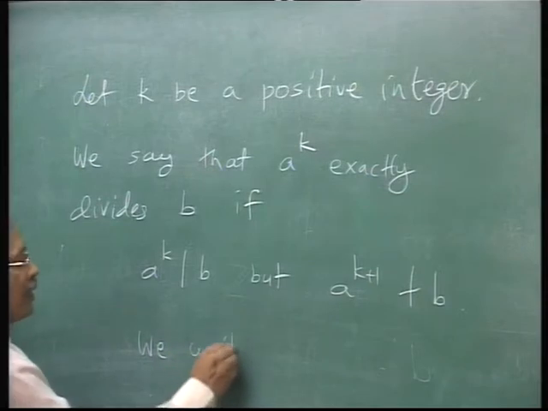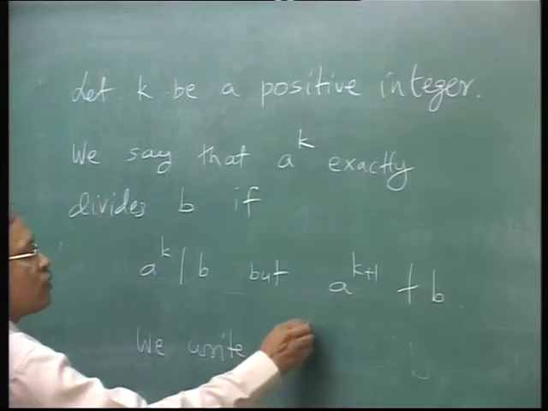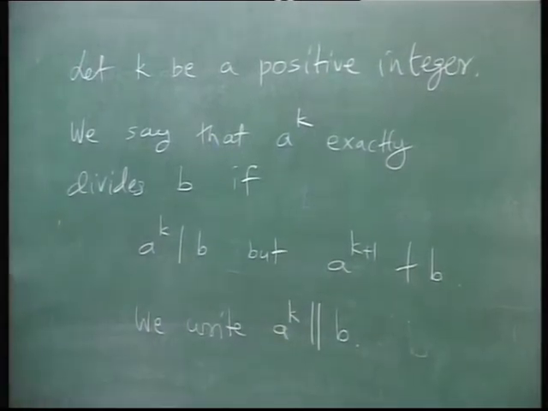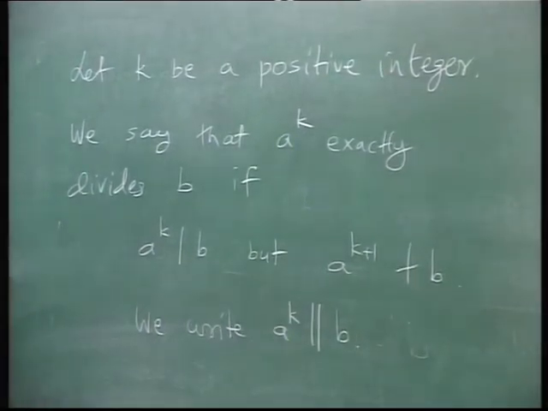We write in this case a raised to k like this, exactly divides b. This is the notation for a raised to k exactly divides b.